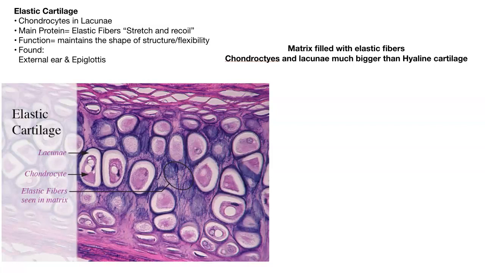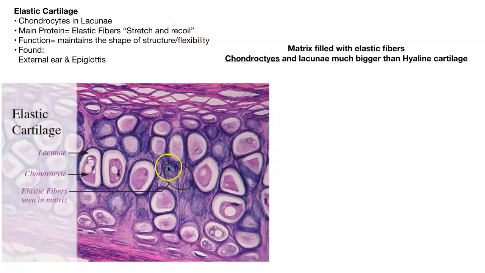Next cartilage, elastic cartilage. We still have chondrocytes in their lacunae, in their spaces, but the main protein fiber these chondrocytes are going to be exocytosing into their matrix is going to be elastic fibers. So elastic fibers, remember that protein fiber gives you the ability to stretch and recoil.